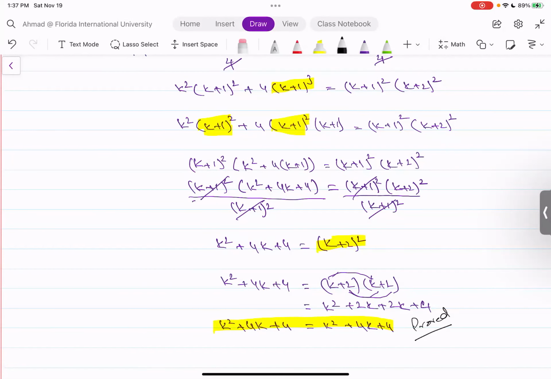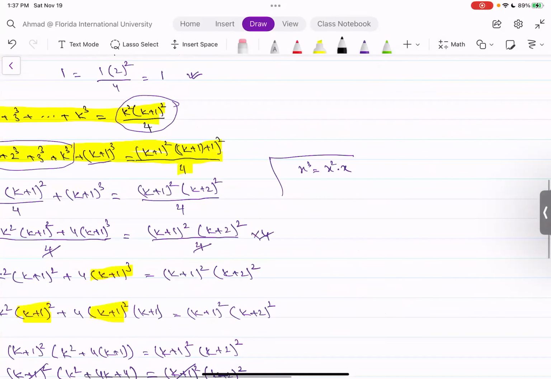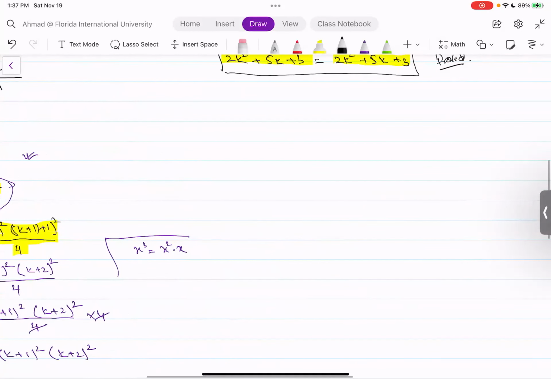Okay, we'll see a few more examples. Let's say, for example, now we are going to discuss another example. Example 3, another example for today's lesson for mathematical induction.